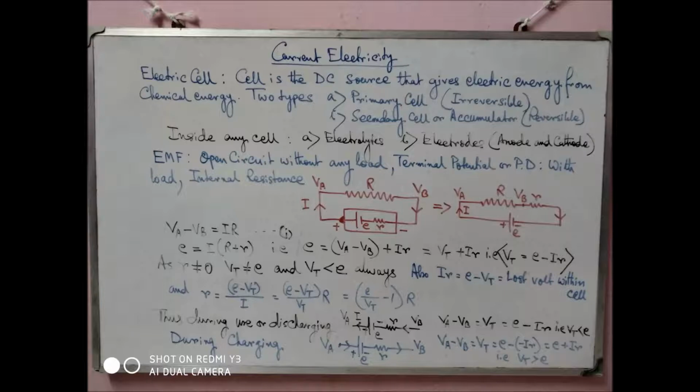Whenever a cell is in use, that is discharging, giving us the source of electricity, at that time, look at the board, the current is flowing from the positive terminal of the cell. So VA minus VB is E minus Ir. Same thing I have written again as at the top, that is Vt, the terminal potential, is less than E.